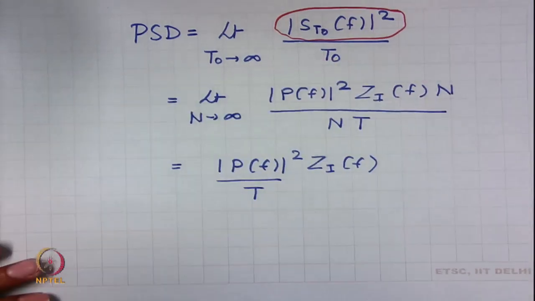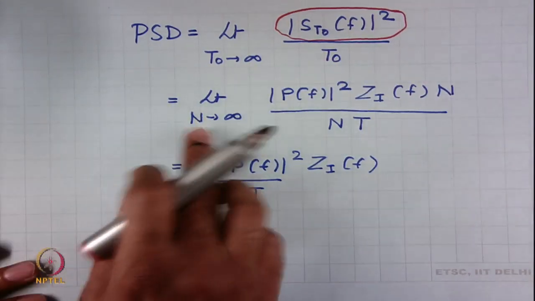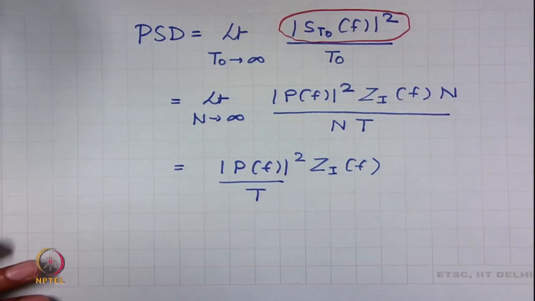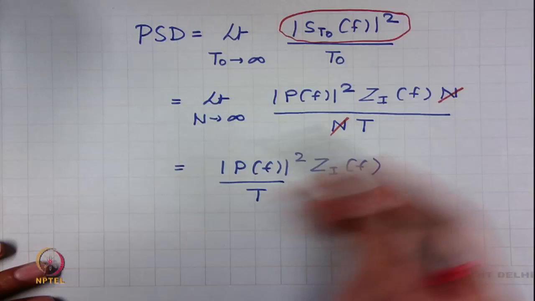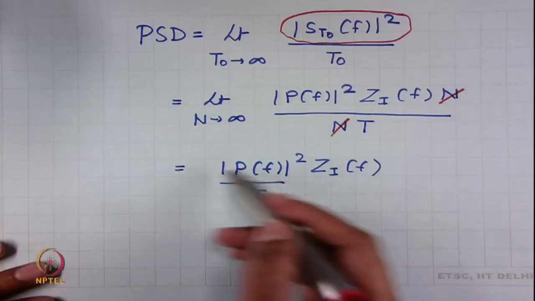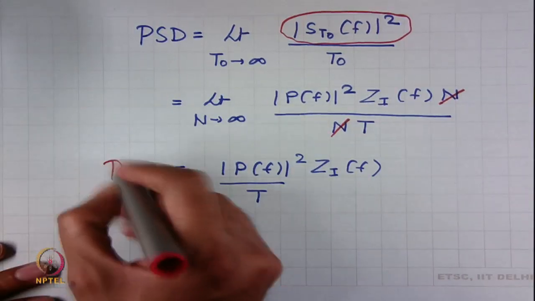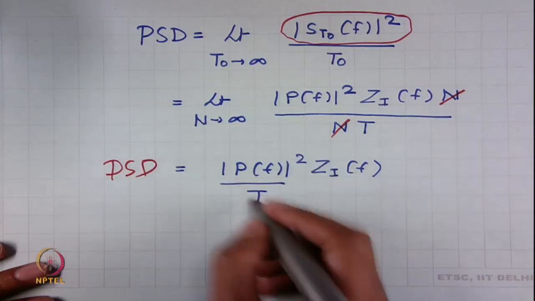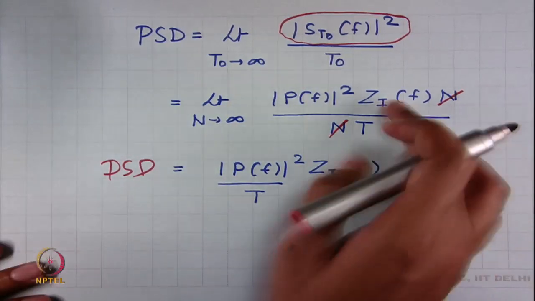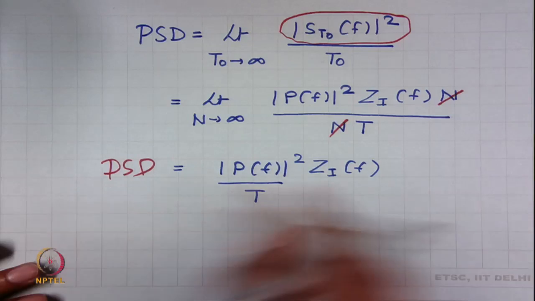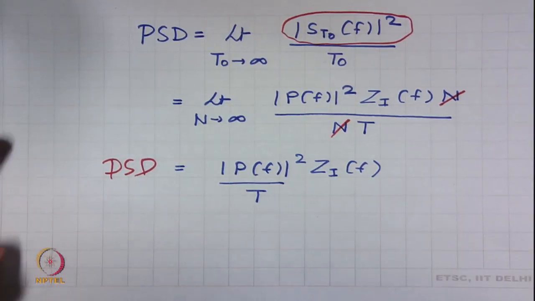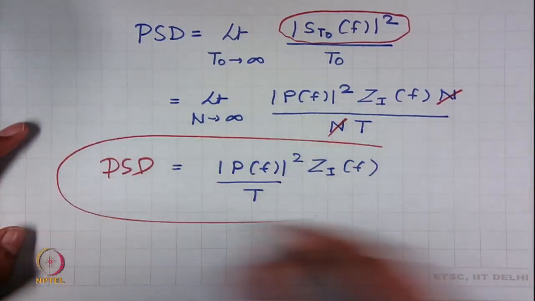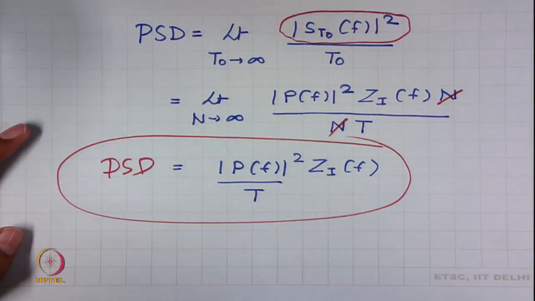And now, instead of putting T naught as infinity, we can put n as infinity, right, it is one and the same thing. So, now cancelling n by n, what we get is a very neat formula. It is power spectral density is mod p f square by t into Z I f, where Z I f is the power spectral density of the input sequence. So, this is one thing that you should know and remember, it is a very useful formula.